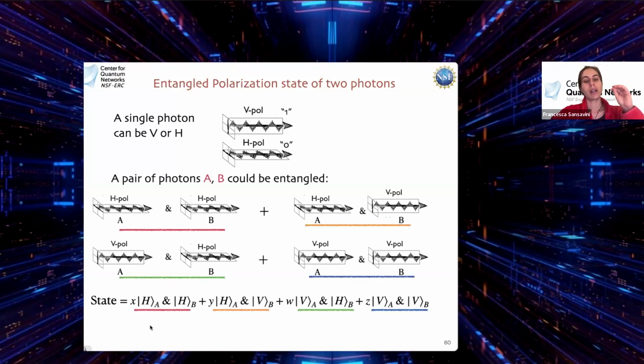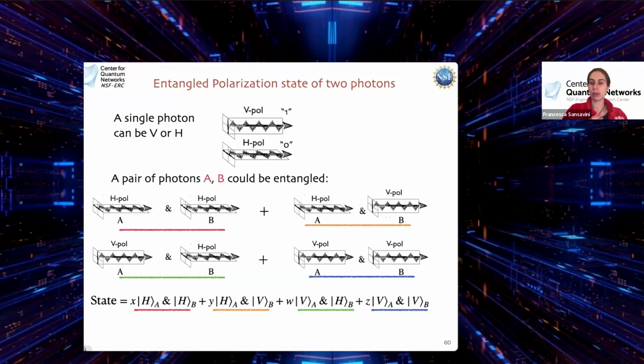We will have X HH, Y HV, W VH, Z VV, which is exactly analogous to the 00, 01, 10, 11 that we have seen with the switches. So in this case, X HH, we have both photons in the horizontal polarization. And then we can have HV or VH, which are the cross terms.